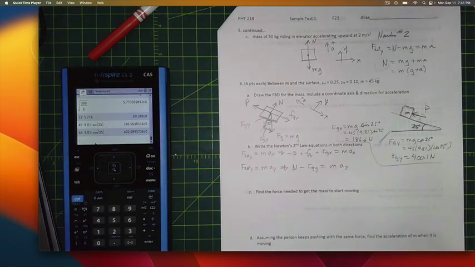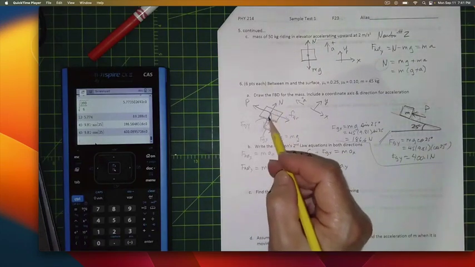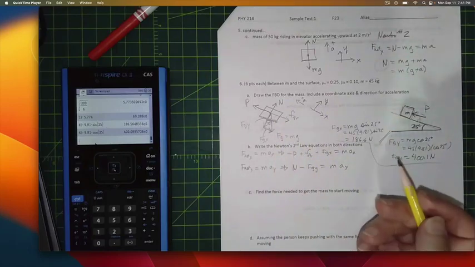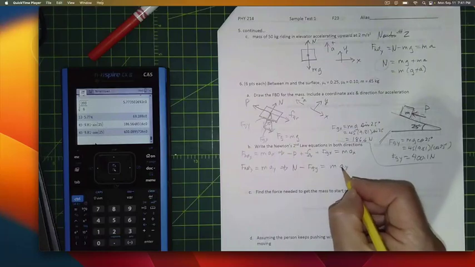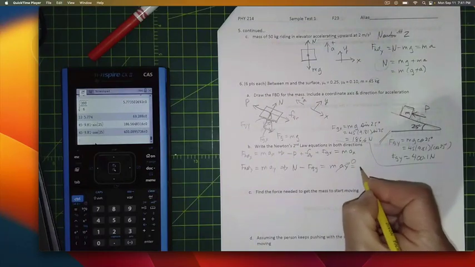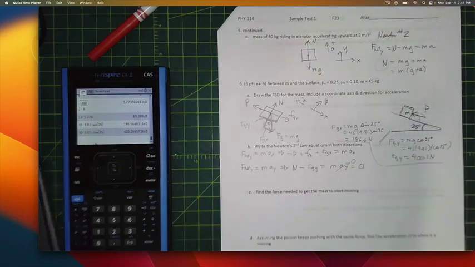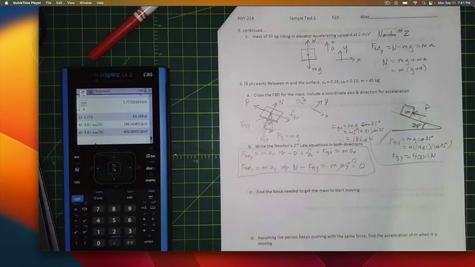For most of these problems, when we have a mass just sitting on a slope, not going up or down according to the normal, a sub y is going to be 0. And that's the same in this case, so that whole thing is going to be equal to 0. But in terms of just writing the equations, these are the equations, and that's what it asks for in part B.